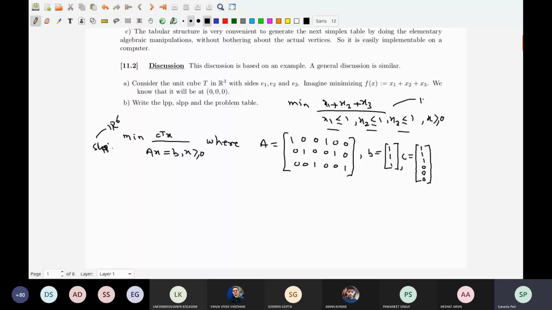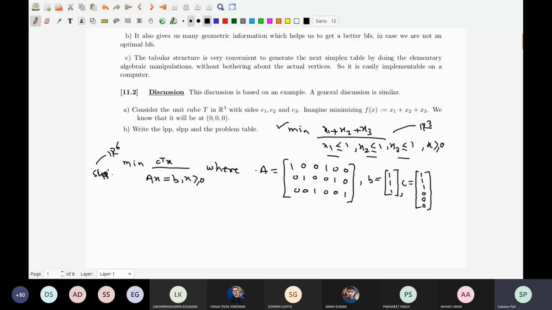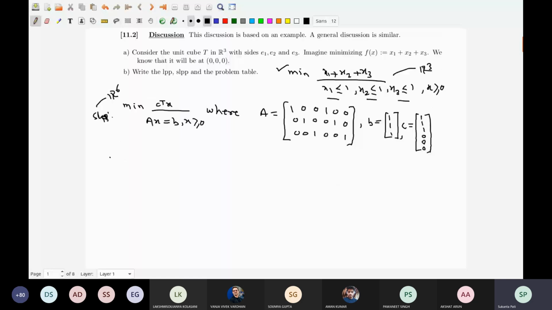The problem table is a table which is very similar to the simplex table. To write the problem table, the style is the same as the simplex table. So I am just writing BV. Actually, this is not required. You have to write this, and then you have to write B. And here you don't have anything.